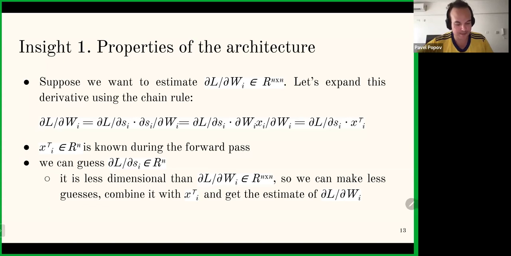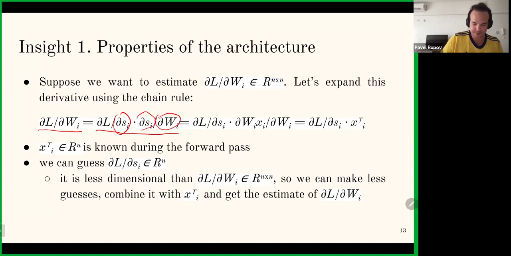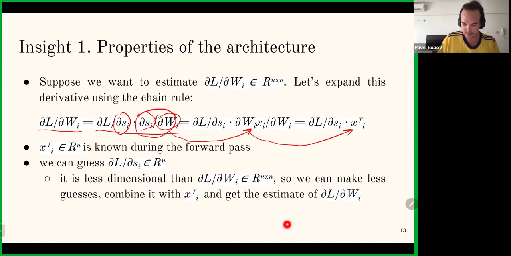Okay, so what can be done here? They start by unfolding this expression for gradients. The gradient of loss with respect to weights can be unfolded as the derivative with respect to pre-activations times the derivative of pre-activations with respect to the weights. And this expression can actually be computed, and we get X transposed.